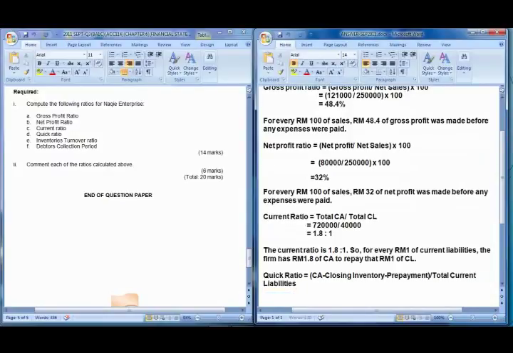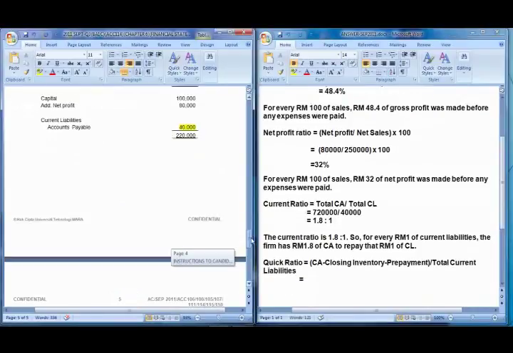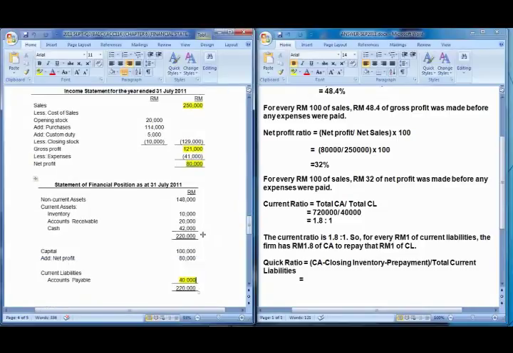Okay, class. We must find what is current asset based from the information given. Okay, current asset is 72,000 minus closing inventory, that is 10,000.